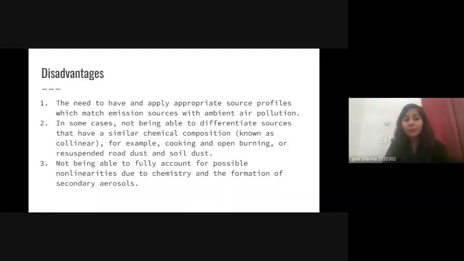In some cases, it is not able to differentiate sources that have similar chemical composition, such as collinear sources, for example, cooking and open burning, or resuspended road dust and soil dust.